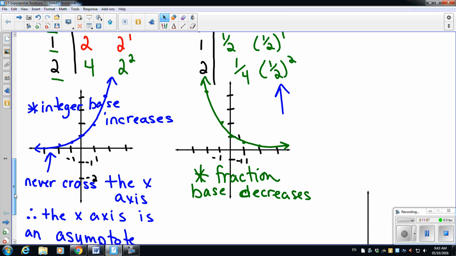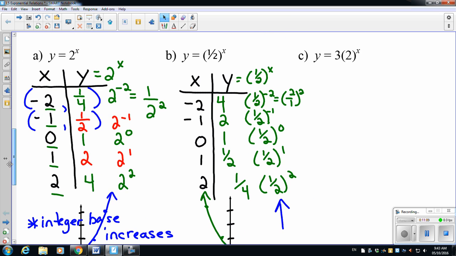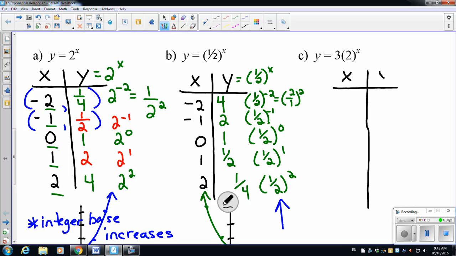All right, last one. We're going to go quicker because we've already done 2. Only difference with this one is that number in front. That means I've got my power and then I'm going to multiply it by 3. So my equation this time is 3 times whatever 2 to the exponent is. So I've got -2, -1, 0, 1, and 2.